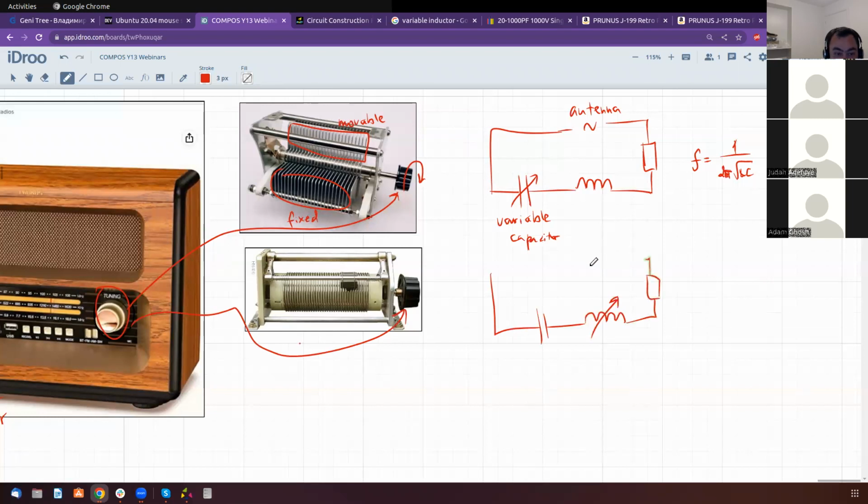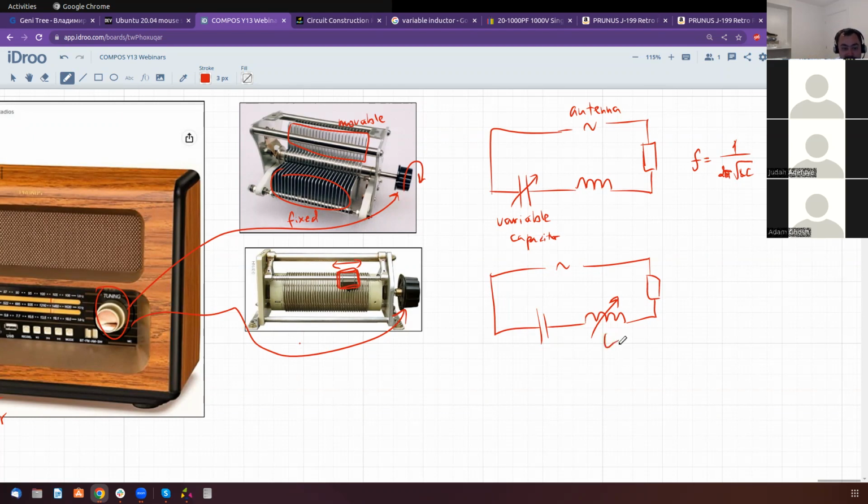There's the resistor and the antenna. It's a power supply. So you twist the knob, and this connection moves left and right, effectively increasing the number of loops. So it changes the number of loops, which increases the inductance, or decreases the number of loops to reduce the inductance.